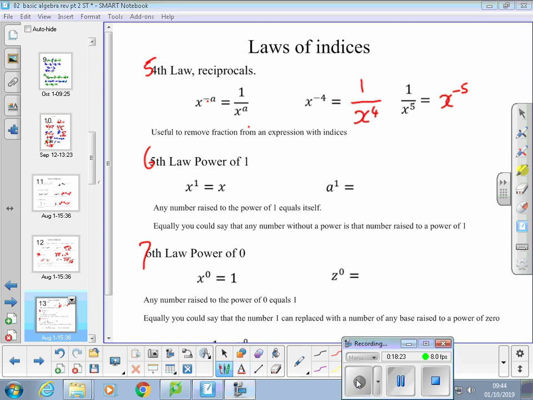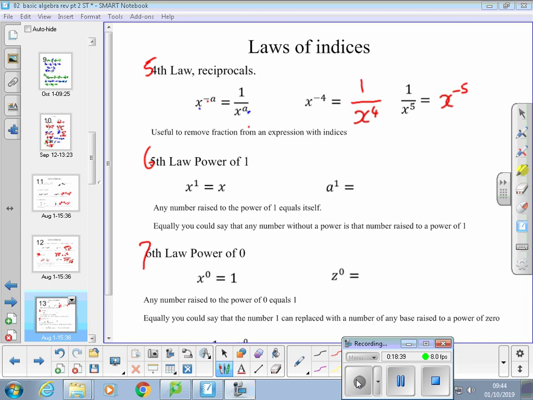It goes from the top to the bottom, the sign of the index changes. Again, we'll need to be able to write something in that form, move it to that form, to be able to do calculus again.